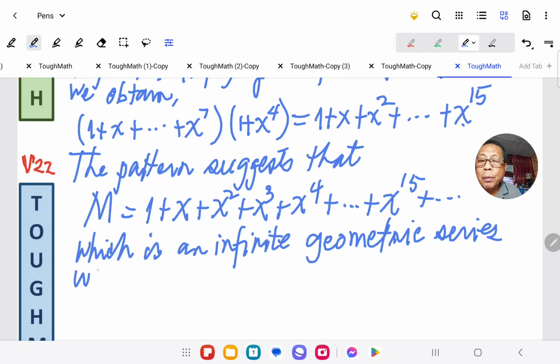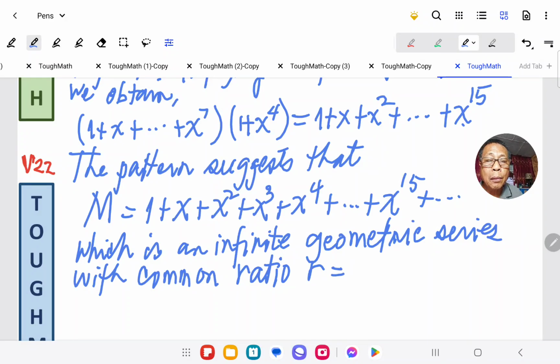With common ratio r, which is equal to x, which is equal to 1/3, which is less than 1.